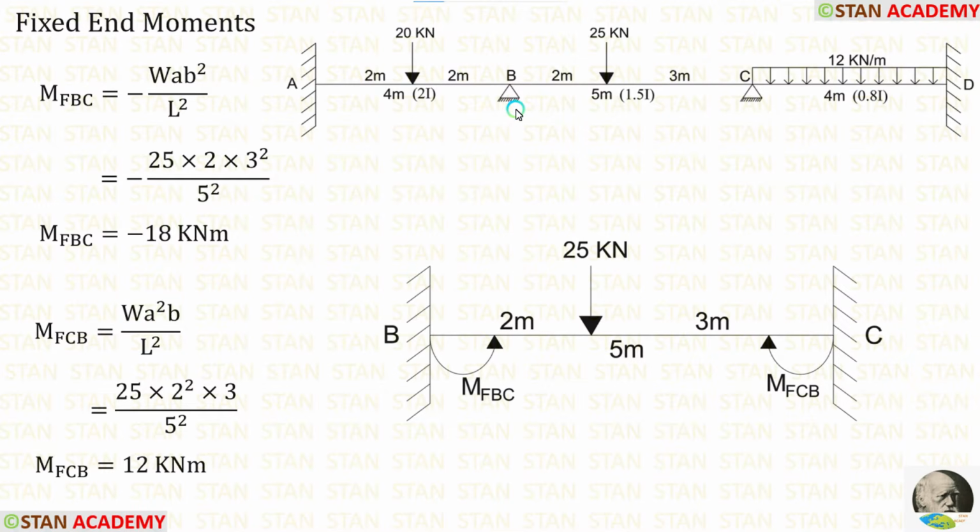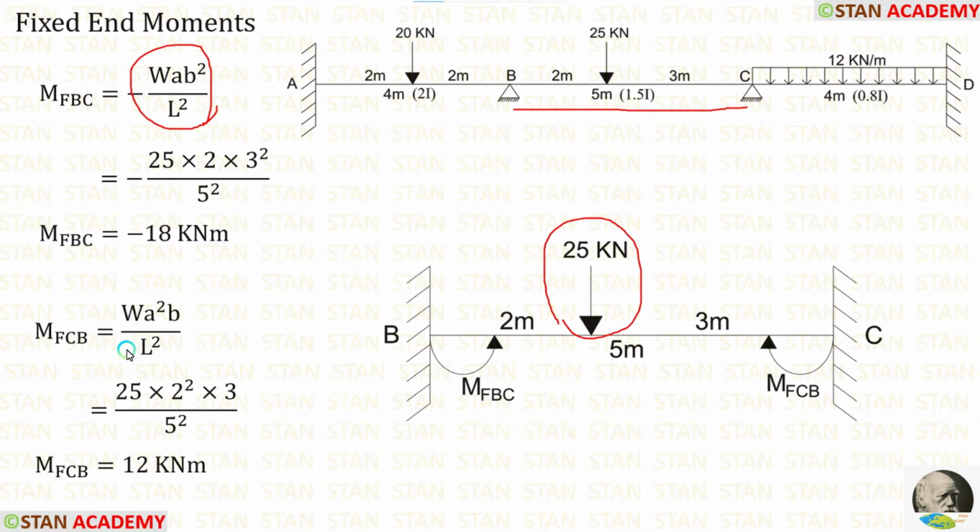Now let us calculate the fixed end moments in the span BC. In the span BC, there is a point load. This point load is not acting on the center. We already saw the formulas for the fixed end moments minus WAB square upon L square and positive WA square B upon L square.